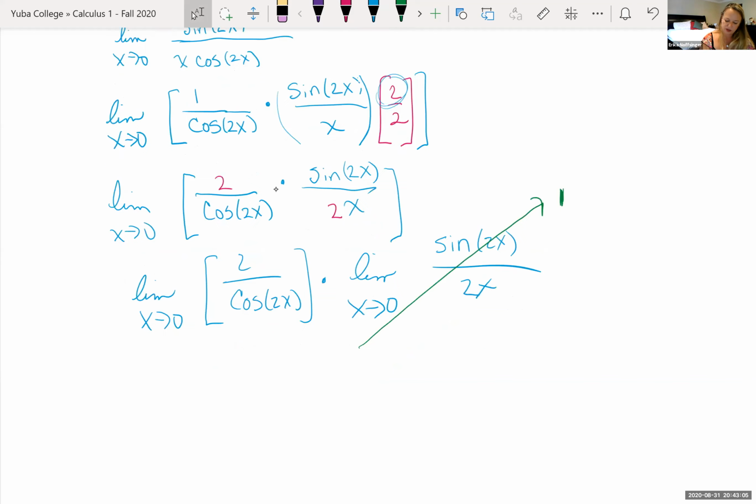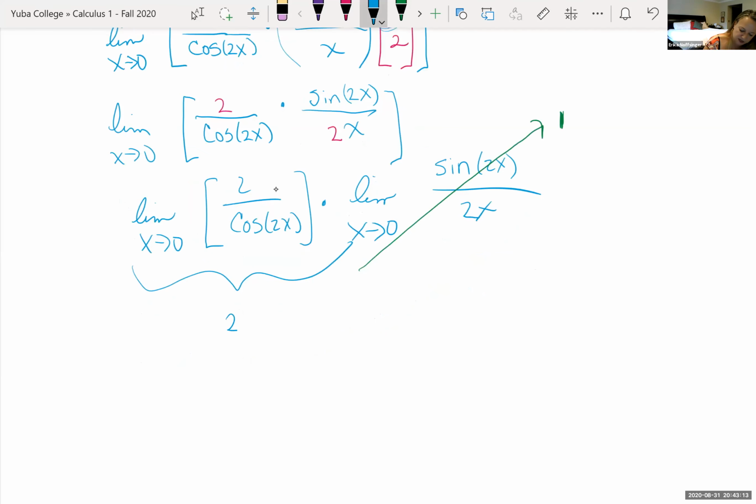Let's go back in and plug in 0 wherever we see an x in this other limit. So this would be 2 over the cosine of 2 times 0, all times what this limit was. And we just saw that that limit was 1.